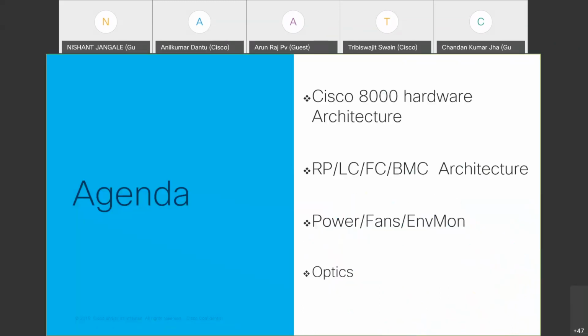In the agenda of the session, we will be starting with Cisco 8000 hardware architecture. We'll go through various components like the RP, line card, fabric card, BMC architecture, and also go through power modules, fans, and EMONs.